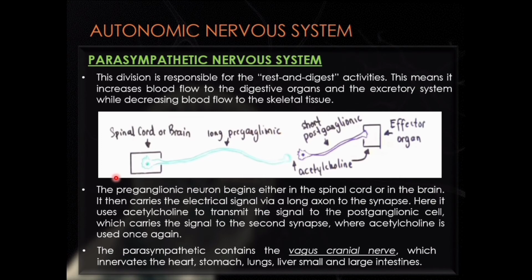Now let's discuss the pathway in the parasympathetic case. As I've said earlier about the sympathetic nervous system, our preganglionic neuron always begins in our spinal cord. While in the case of the parasympathetic, it can begin in the spinal cord or in the brain. So the cell body begins in our brain or spinal cord, and now the axon is relatively long.